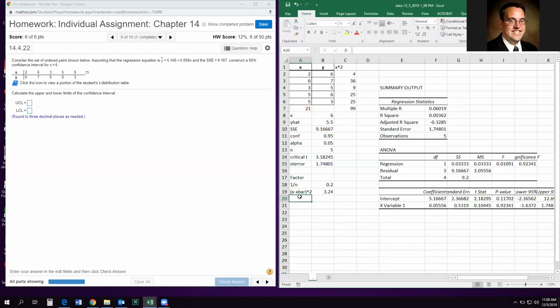All right. Now the denominator portion is the sum of x squared minus the sum of x squared over n. So I'm going to say this equals the sum of x squared, which is this number right here, minus the sum of x, and then we'll square that over n.